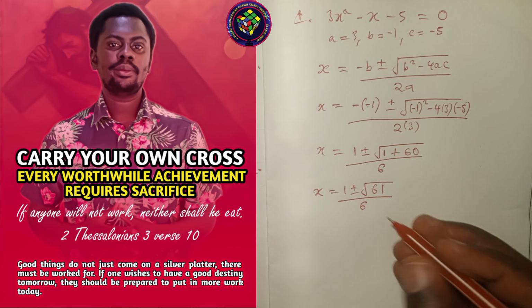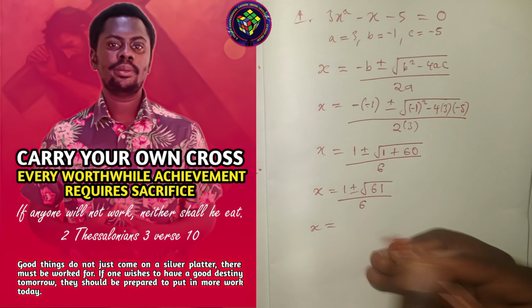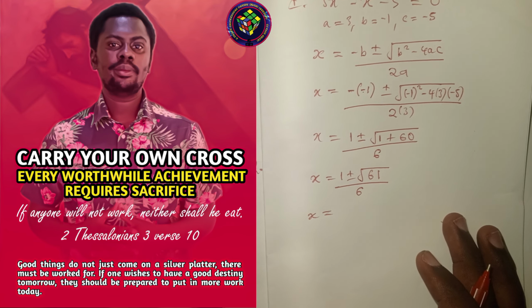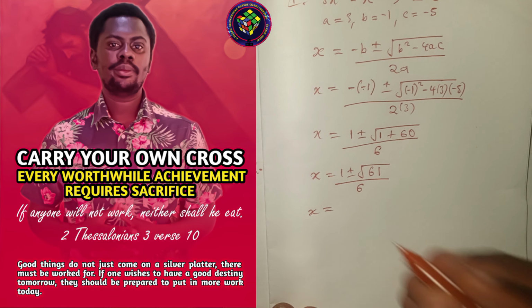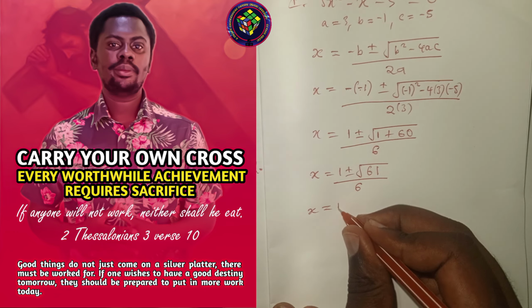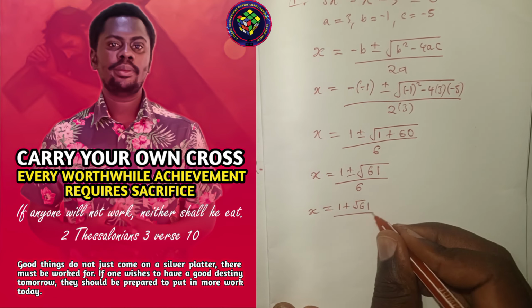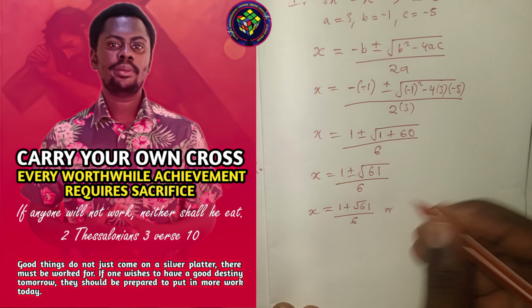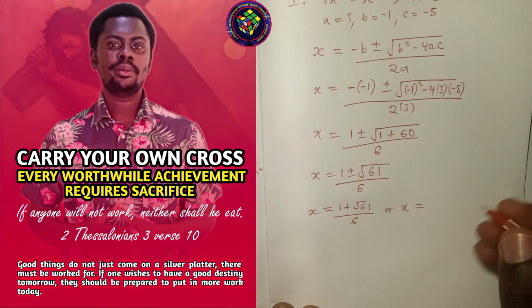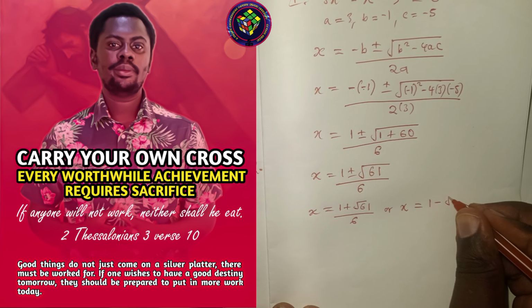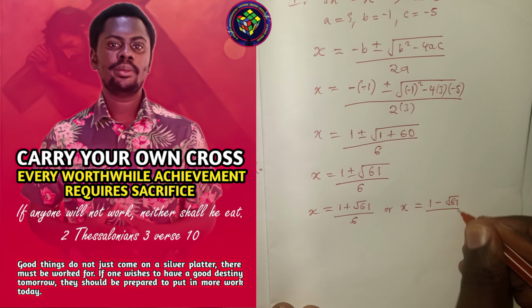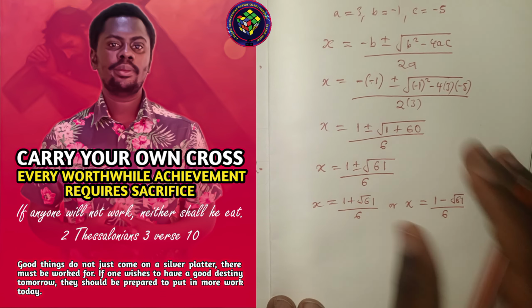There are 2 possible solutions, one for addition and the other for subtraction. So x is equal to 1 plus the square root of 61, all over 6, or x is equal to 1 minus the square root of 61, all over 6.